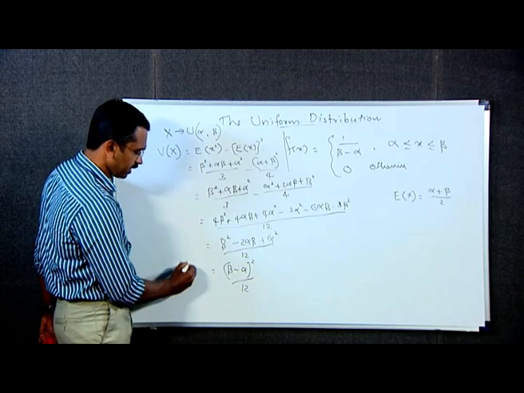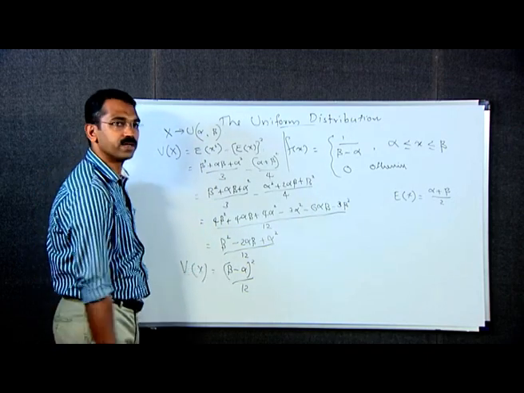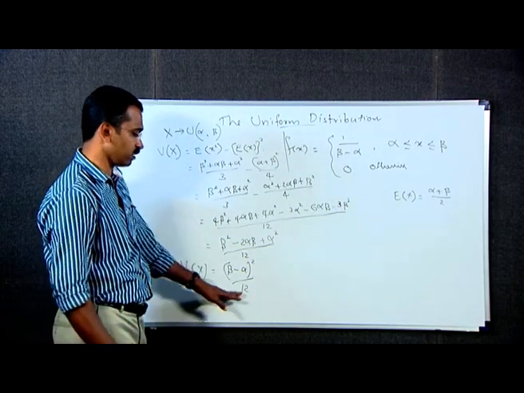That is, the variance of x is beta minus alpha the whole square divided by 12.